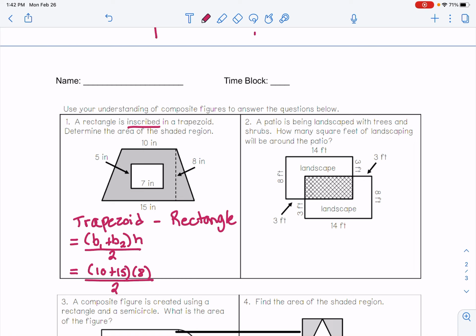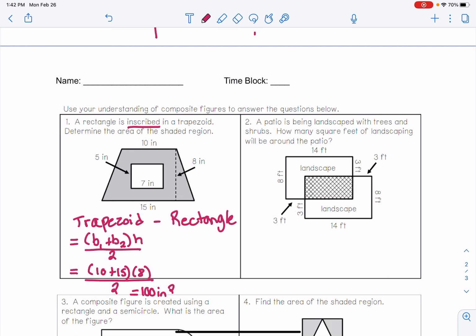So 10 plus 15 is 25, times 8 is 200, divided by 2 equals 100 inches squared. And that is the area of the trapezoid. Next, we need to find the area of the rectangle.